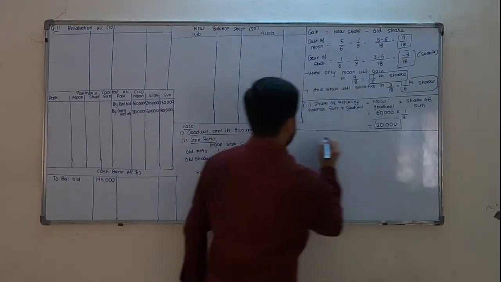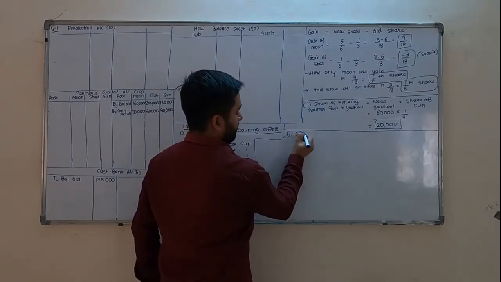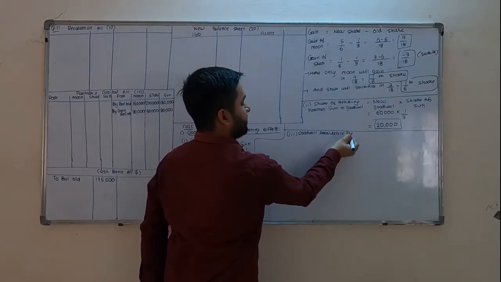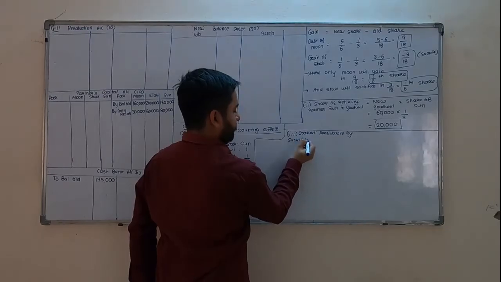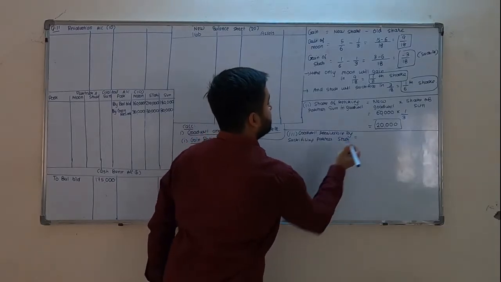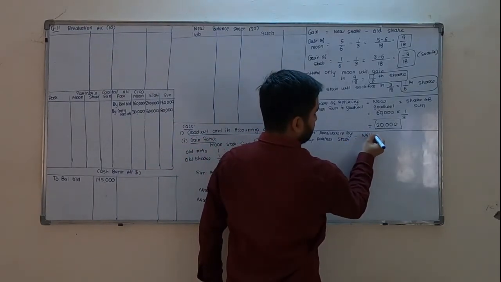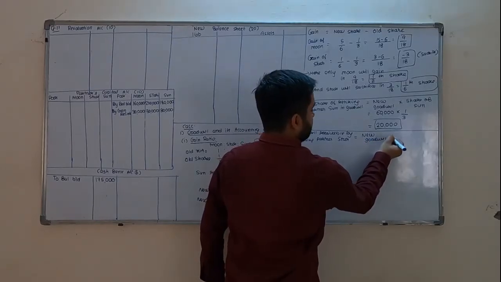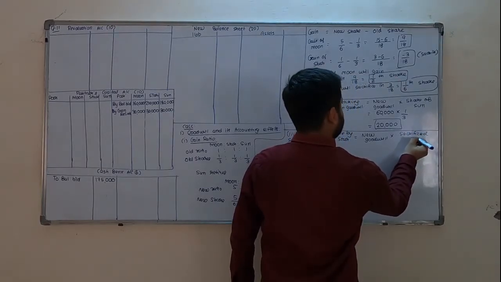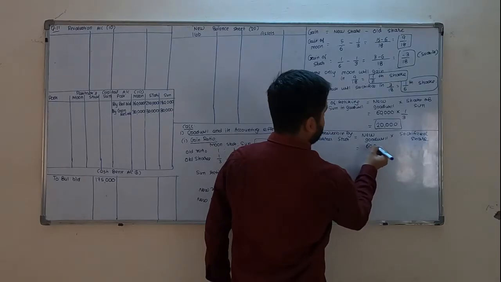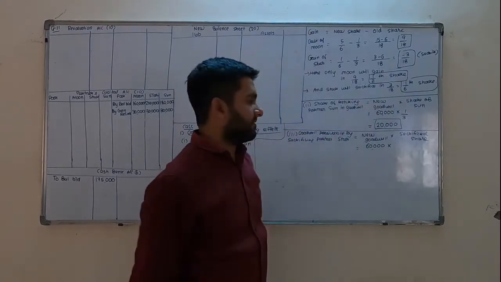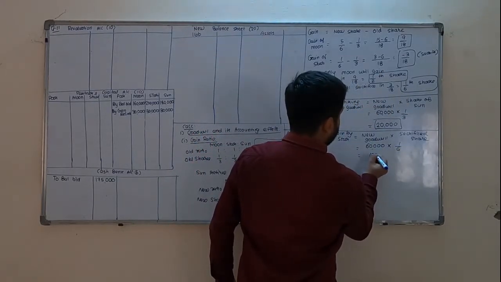Now, the third calculation, goodwill receivable by sacrificing partner Star is equal to new goodwill into sacrificed share. New goodwill is 60,000. Sacrificed share is 1/6. So it will be 10,000.